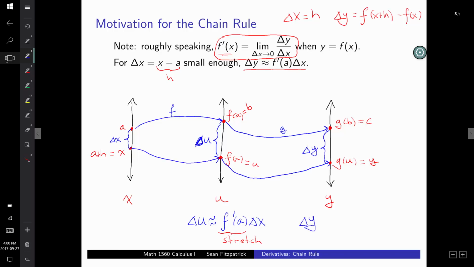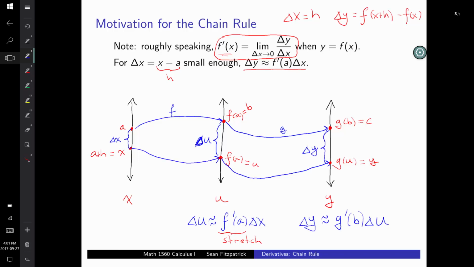Delta y is approximately, and let's just look at the second half of the graph here. Ignore the first part. Forget about f for a second. Delta y is going to be the value of the derivative of g at this starting point. Here's our starting point. We call that b. G prime at b times delta u, because we came from the u variables, we went to the y variables.